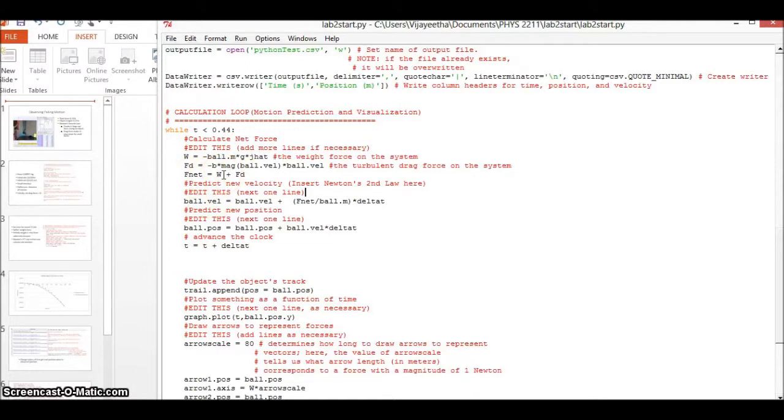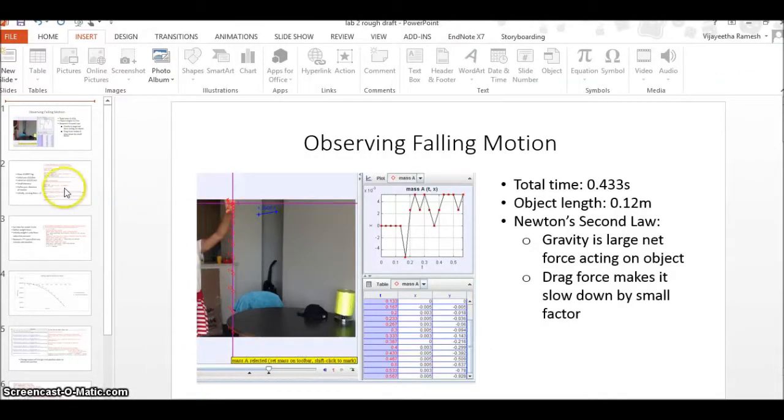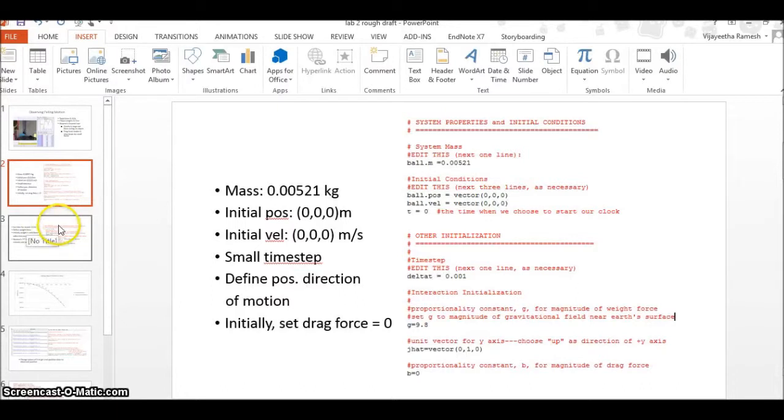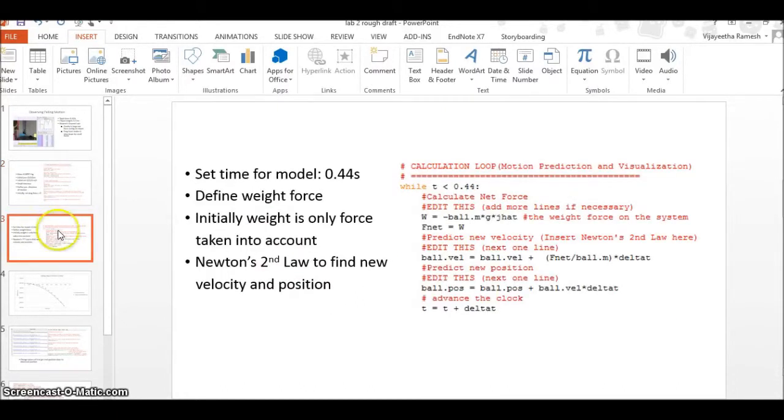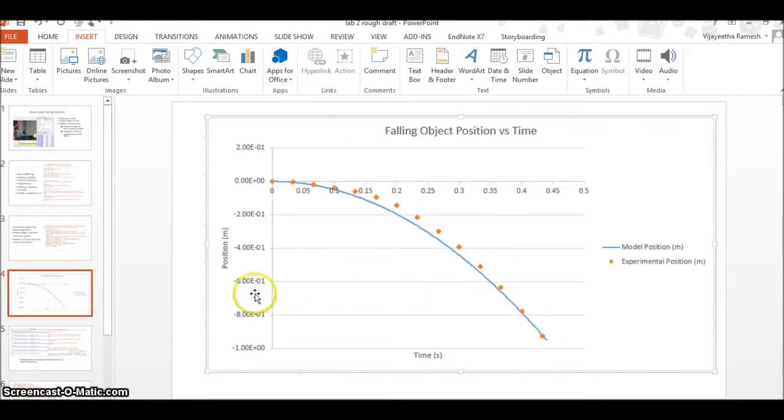Here initially my computer model just uses the net force of the weight, and we'll consider drag later. My initial model showed that as the object fell, it kind of matched up with the graph, but there's some discrepancies over here and over here.